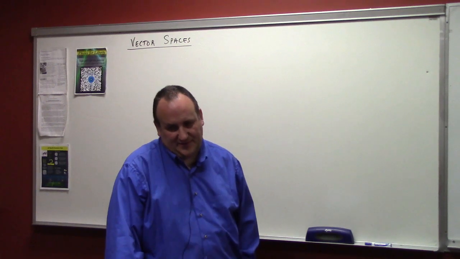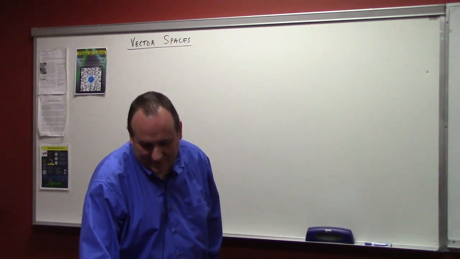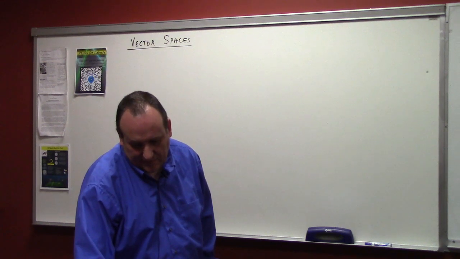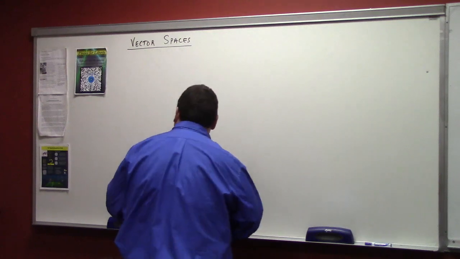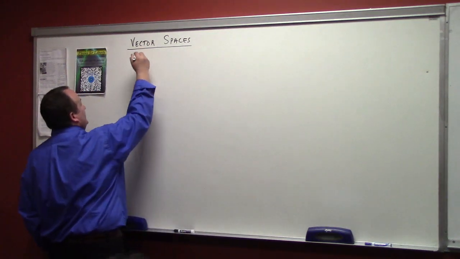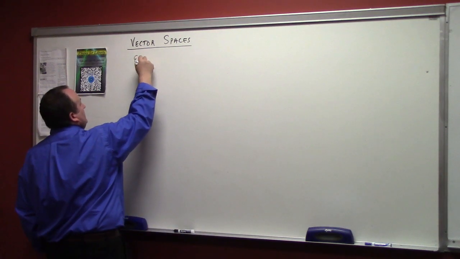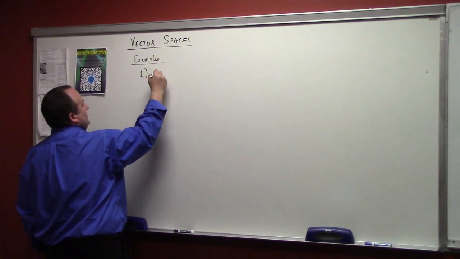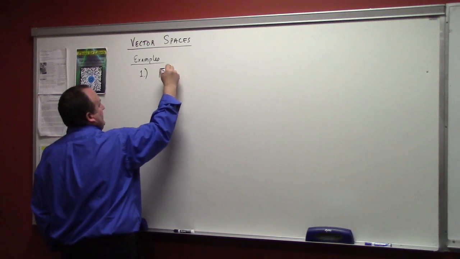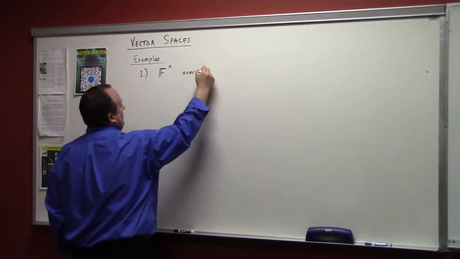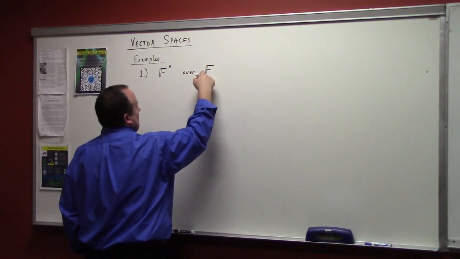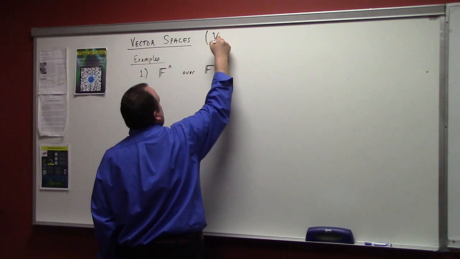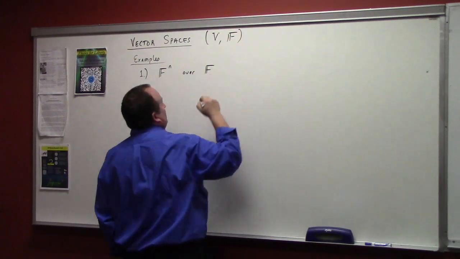I don't want to write down the definition of vector space because you know it. But of course, Rn is our quintessential vector space. So let me talk about some examples. Number one, we can talk about Fn over F. To talk about a vector space, you're talking about the vector space paired with the underlying field of scalars, right?